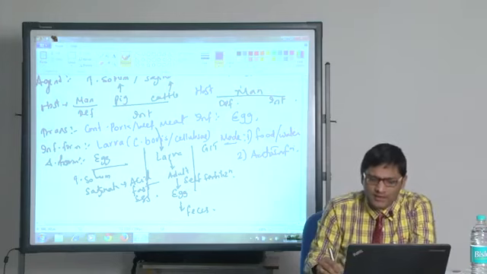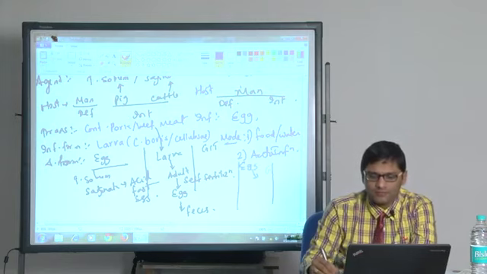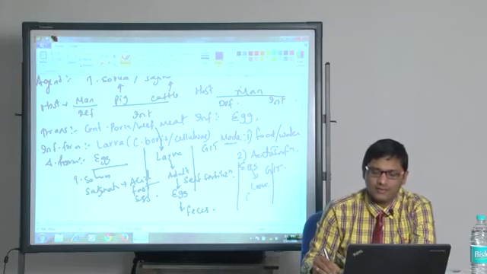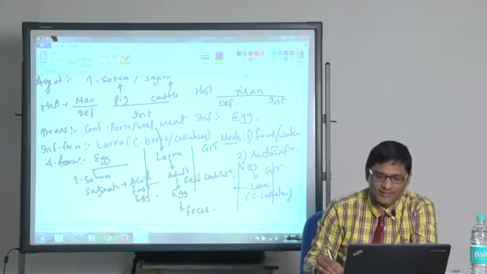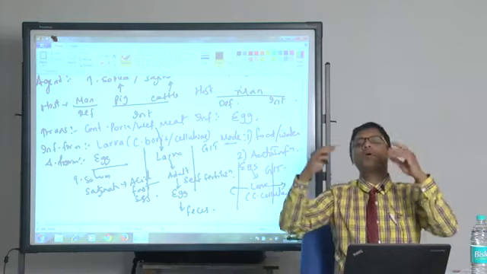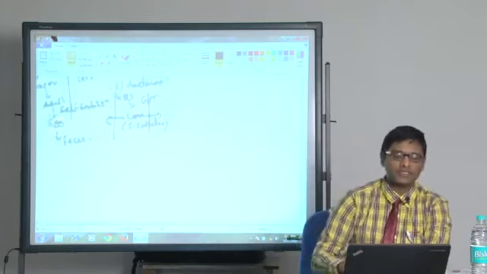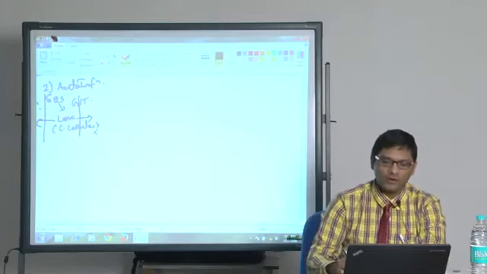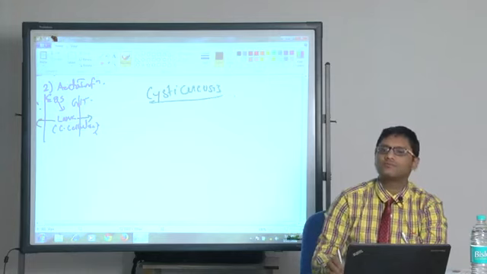Following ingestion of eggs, inside your GIT the egg will develop into larva. The larva is Cysticercus cellulosae, and this larva will penetrate the GIT and go and deposit in various organs, causing a disease called cysticercosis.